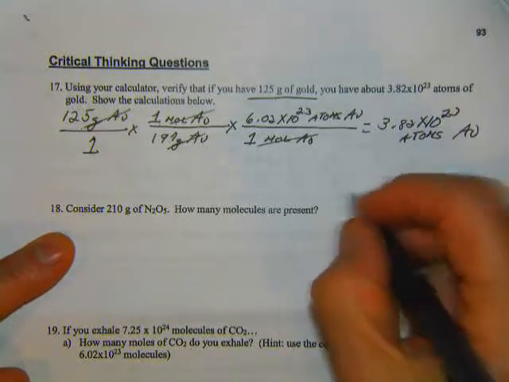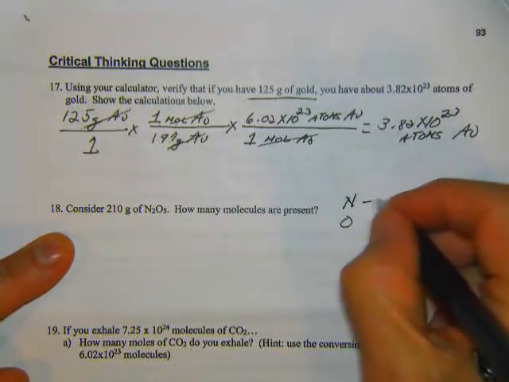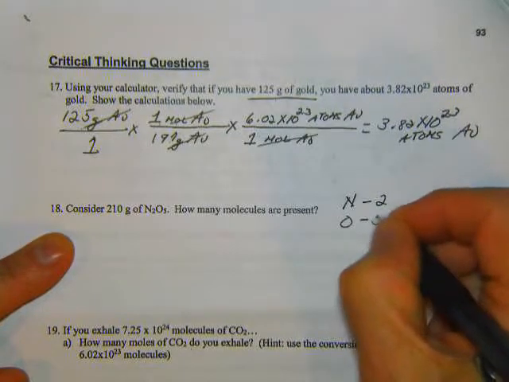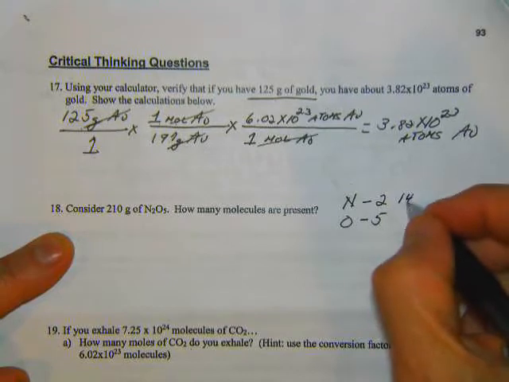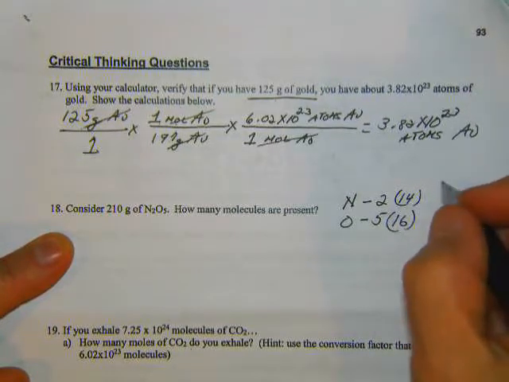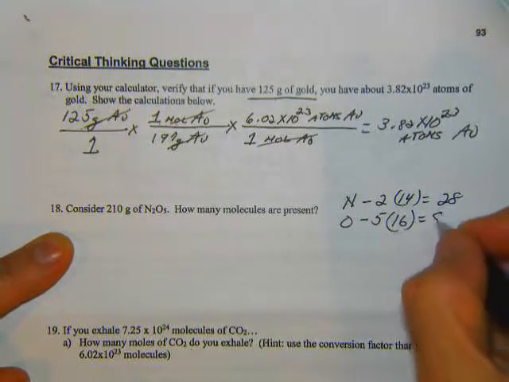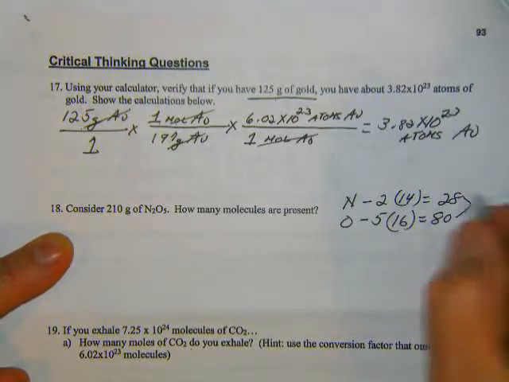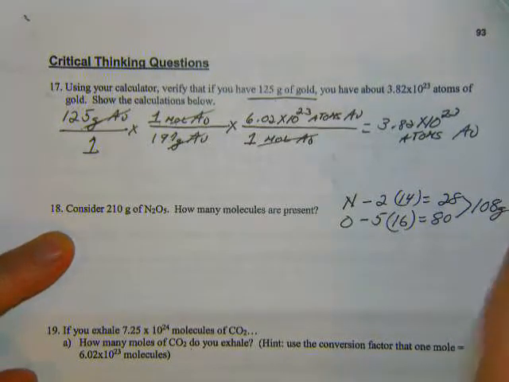We've got 2 nitrogen and 5 oxygen. We know nitrogen has an atomic mass of 14 from the periodic table, and oxygen is 16. So that's 28, and that's 80. If we put those together, we find out it's 108 grams.